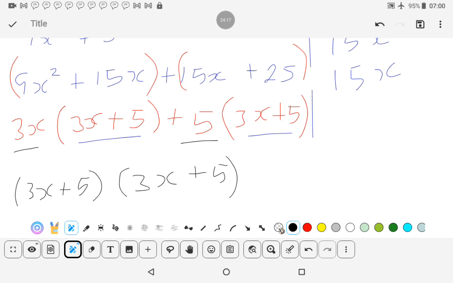This is the lowest form of this particular expression. By the time you multiply it, you get back the original expression.